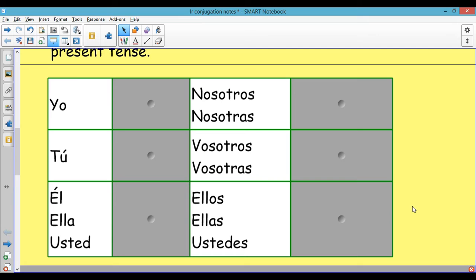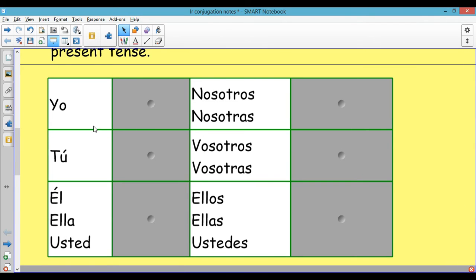One thing you are going to notice about IR verb conjugations is they are very similar to ER verbs, except for in the nosotros and the vosotros form. Let's take a look at them.